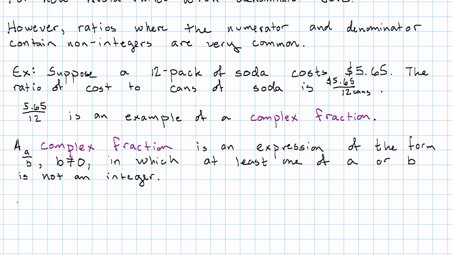So examples of complex fractions might include the 5.65 over 12 that we mentioned a moment ago, something like 12.5 over 100, something like 3 1/3 over 5 1/4, or something like 2 over 1.08. At least one of the numerator or denominator contains a number that is not an integer.